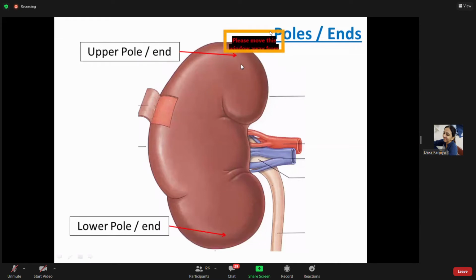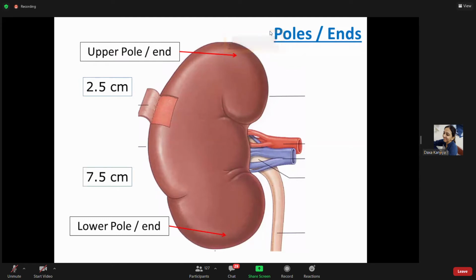As I told you, long axis is directed downward and laterally. That means upper pole is nearer to the vertebral column. The distance from the midline is around 2.5 centimeter. And the lower pole lies 7.5 centimeter away from the midline, because the long axis is oblique, directed downward and laterally.